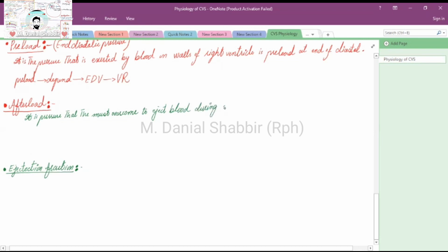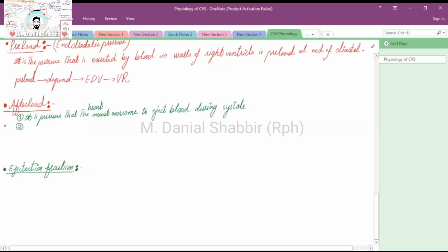That is the first definition: it is the pressure that the heart must overcome to eject blood during systole.